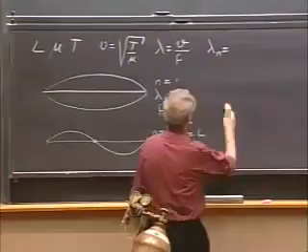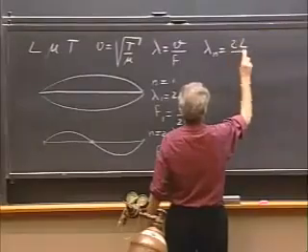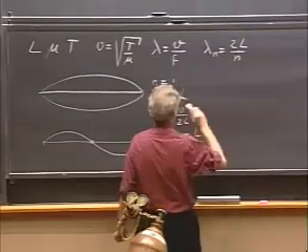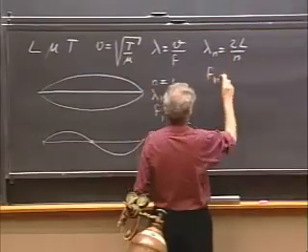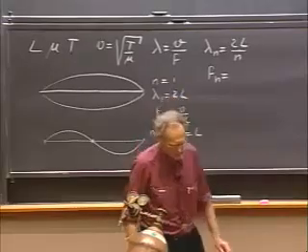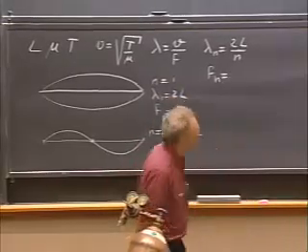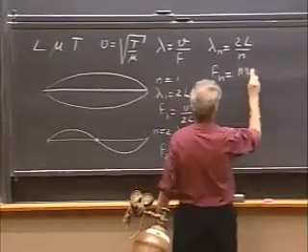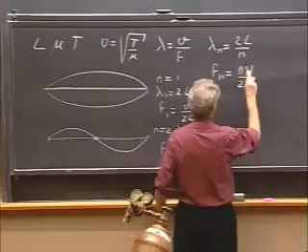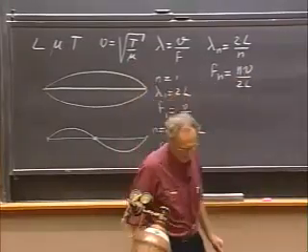Lambda n is then 2L divided by n, and the frequency in the nth mode, that is the nth harmonic, is then nV divided by 2L. And this V is given there.